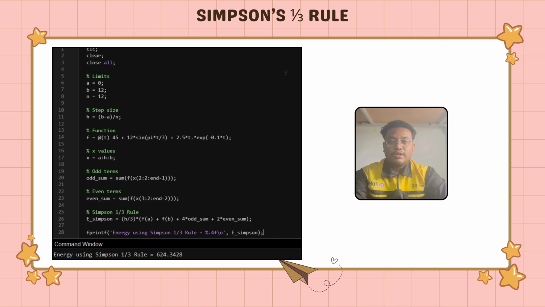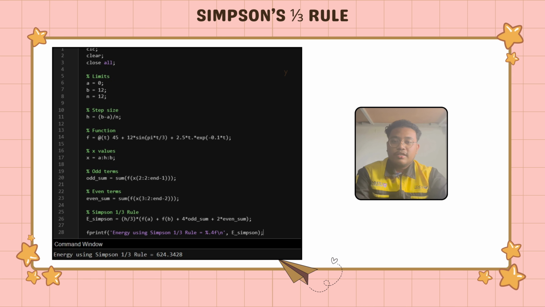Then we put in the function step, our equation: f equals 45 plus 12 sin(pi t over 3) plus 2.5 t e to the power of negative 0.1 t.